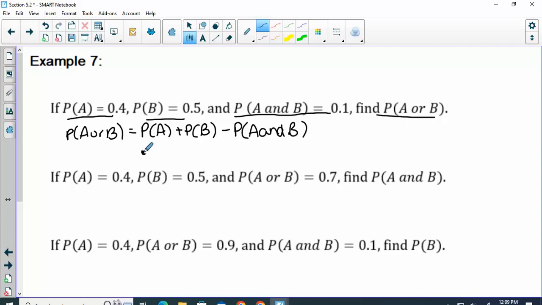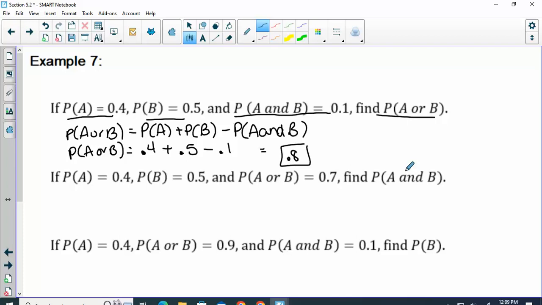Probability of A is 0.4. Probability of B is 0.5. Probability of A and B. So we get 0.8. Probability of A or B.